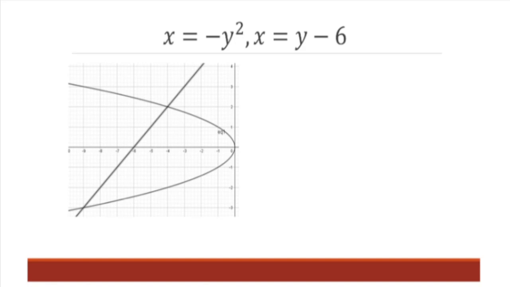Okay? So, in this case, x equals negative y squared is always greater than or equal to x equals y minus 6. Doon sa region natin. Oops, di ko pala na-highlight yung region. But it is this part.